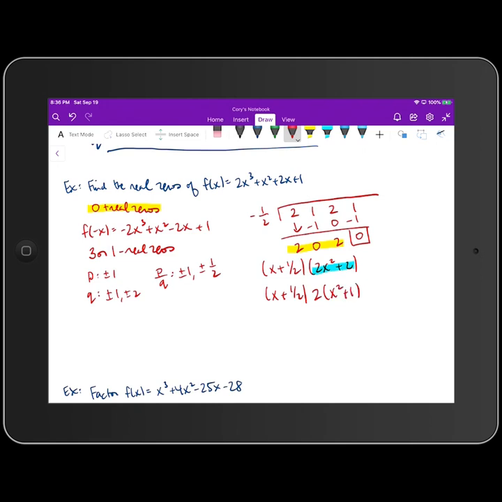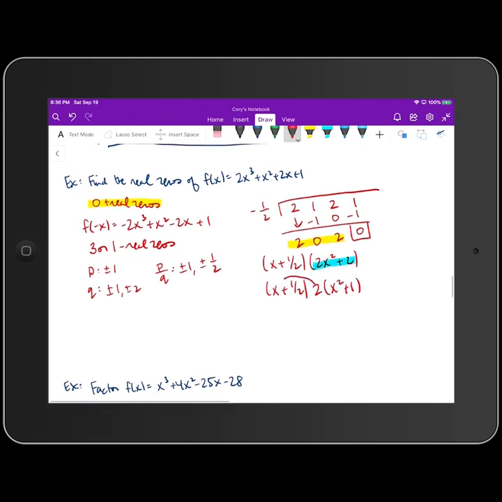And then I'm going to take the 2 and distribute it across the first factor, which gives me 2x plus 1 times x squared plus 1, which is the exact same factored form that we got before. And again, our only 0 here is x equal to negative 1/2. Again, not nearly as efficient as factoring by grouping would be for this particular polynomial.